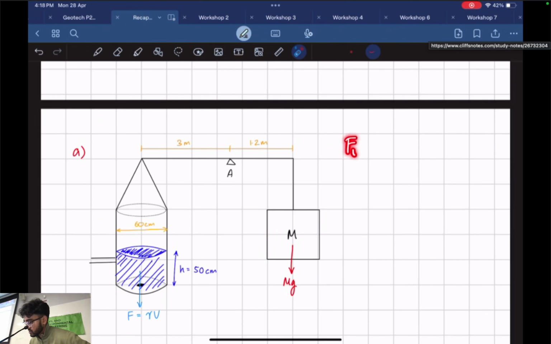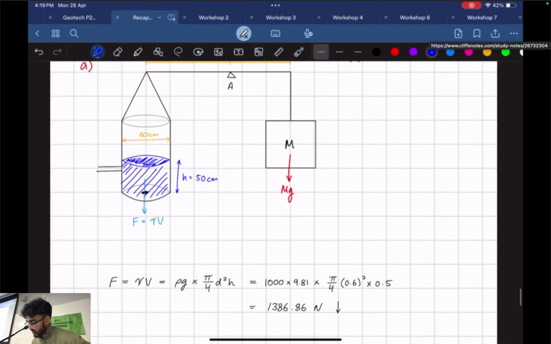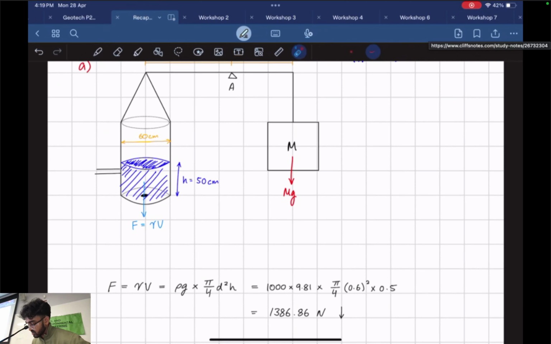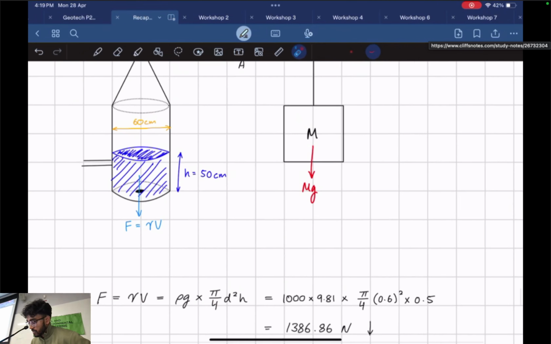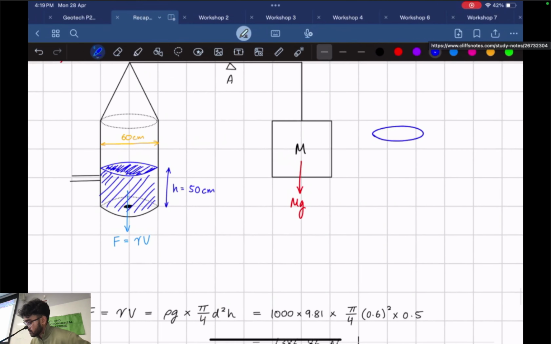So force due to water is going to be unit weight of the water times volume of the water, right? I should probably write out like this. Okay. So firstly, finding the volume, it's going to be rho g times the volume of the cylinder itself.